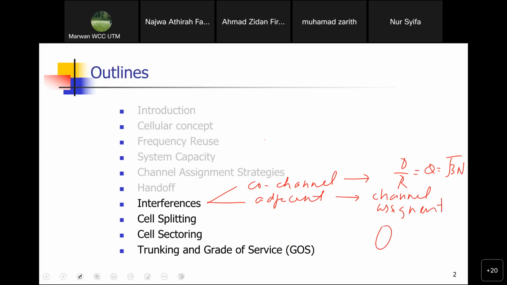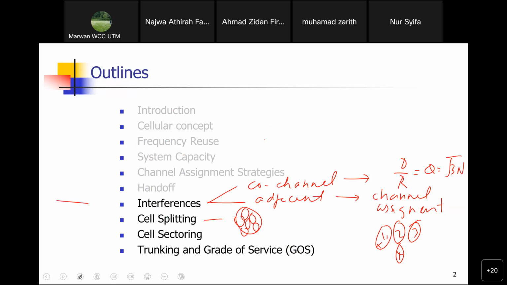For example, channels 1, 2, 3, 4, 5. You don't put 2 and 1 in the same cell. Cell splitting, from big, you make it go smaller. This is to increase the number of users per area when the population becomes bigger and bigger.